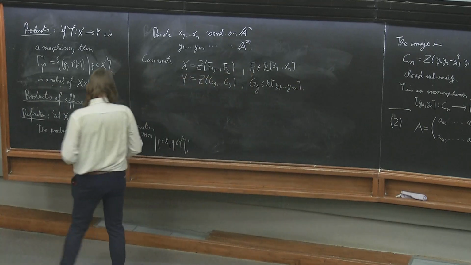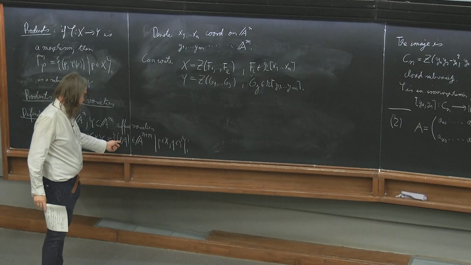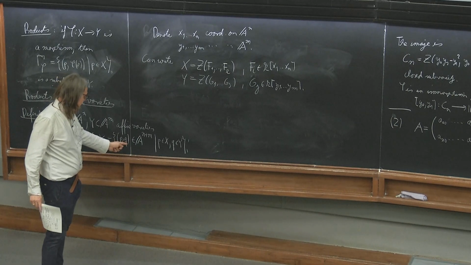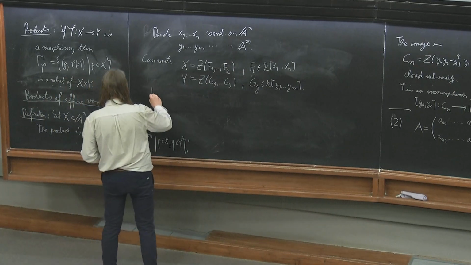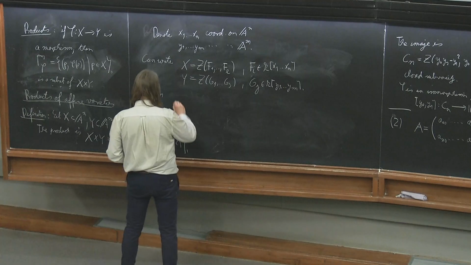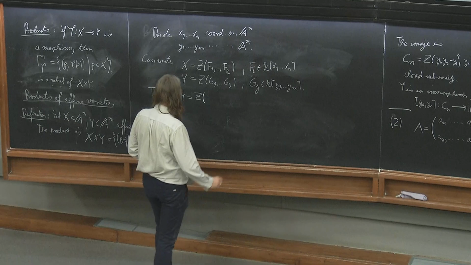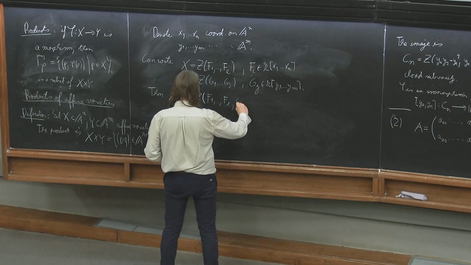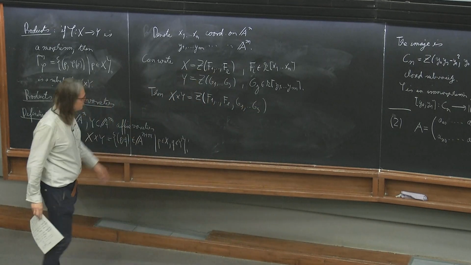Then the point lies in the product means that the first n coordinates lie in X and the last m coordinates lie in Y. So therefore it follows that X times Y will just be the zero set of the self-same polynomials, but now in A^(n+m).